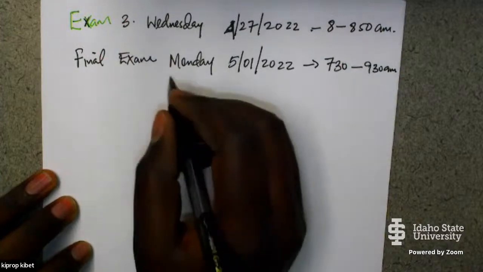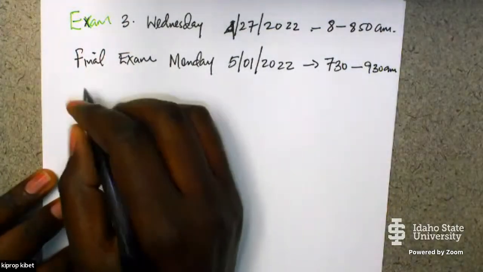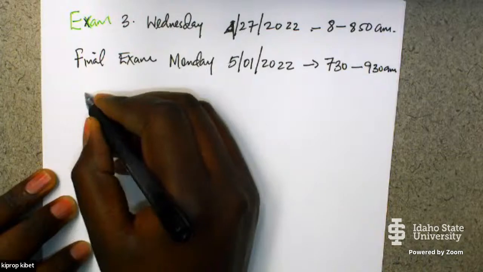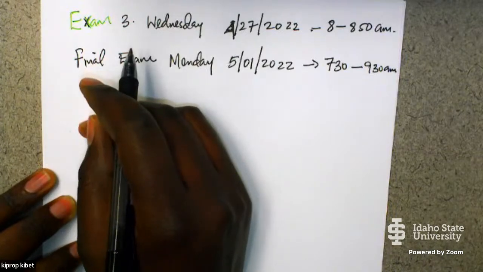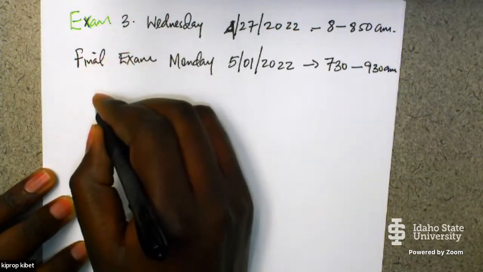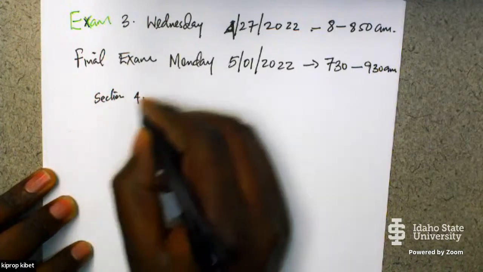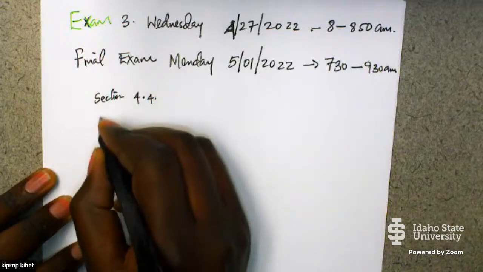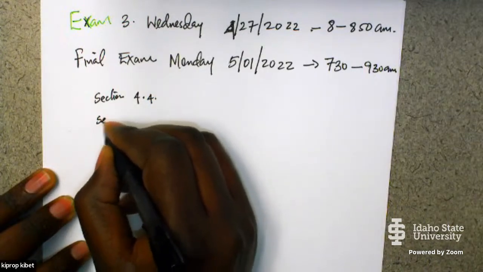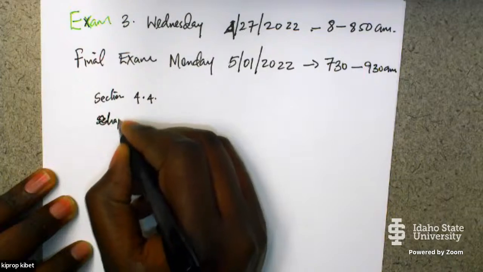So what we're remaining with, a very important section that we need to do, is section 4.4, chapter 5.